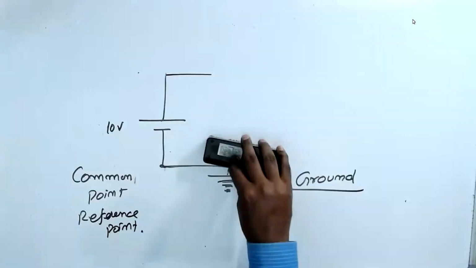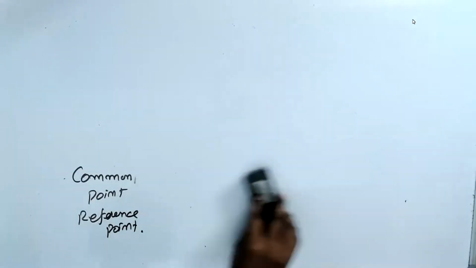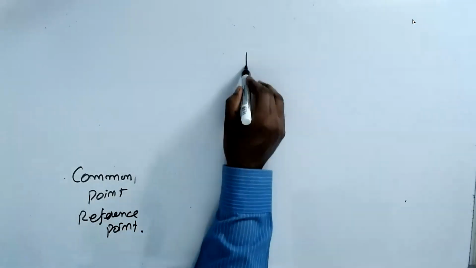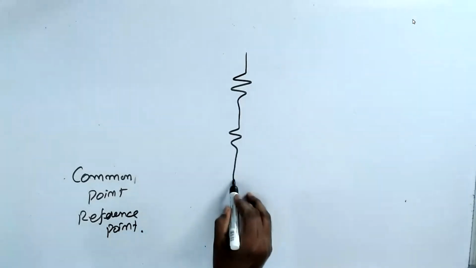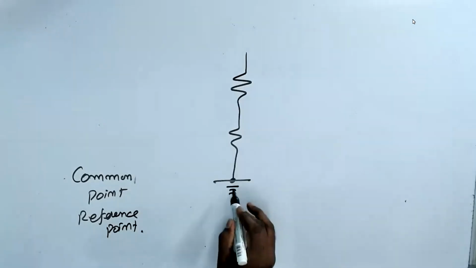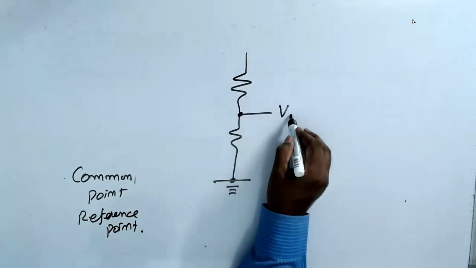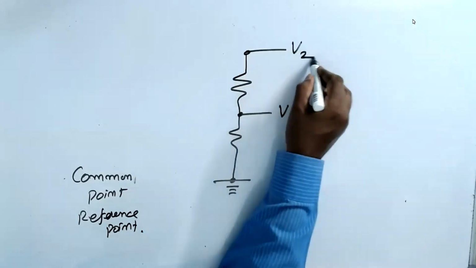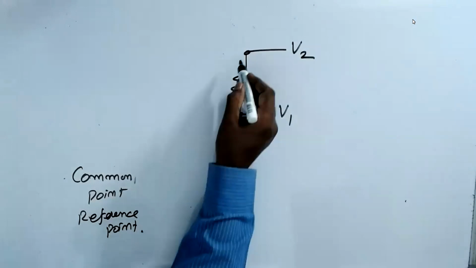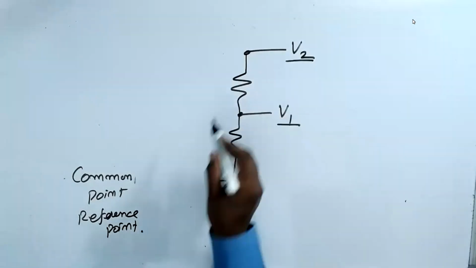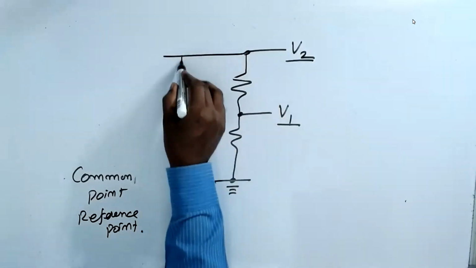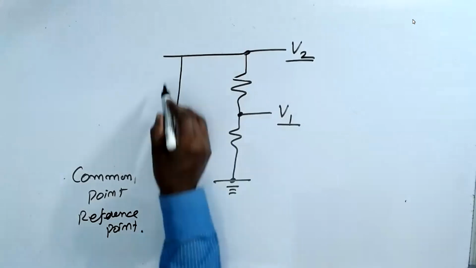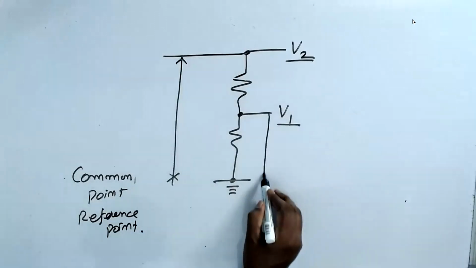So in a circuit, let's say I have two resistors like this. If we ground this, and make this one V1 and this one V2, then V1 is the difference between these two and V2 is the difference between these two.